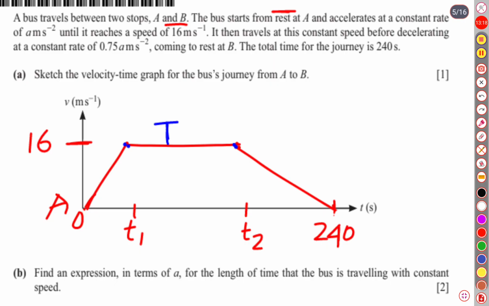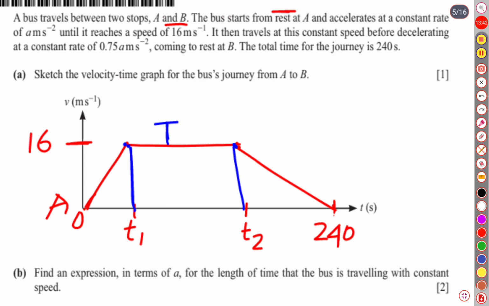In this portion and the final part, there are two triangles. So what is the concept we are going to apply here for finding the length of time that the bus is traveling with constant speed?